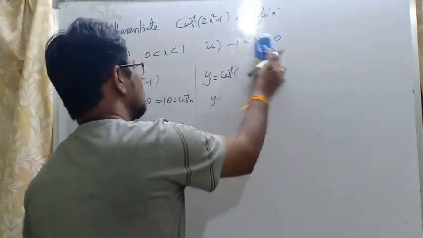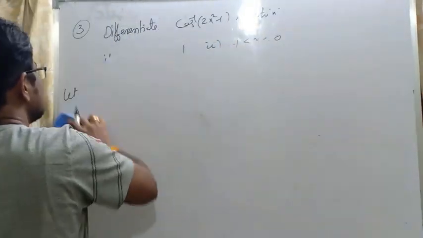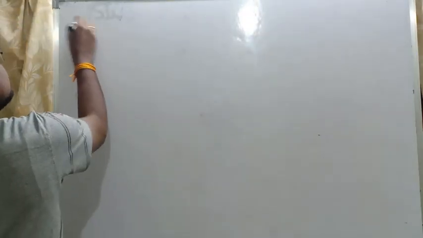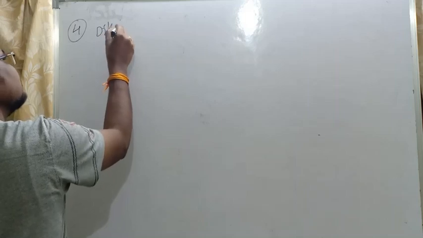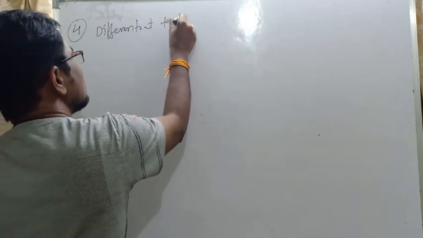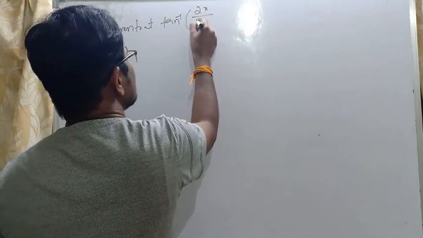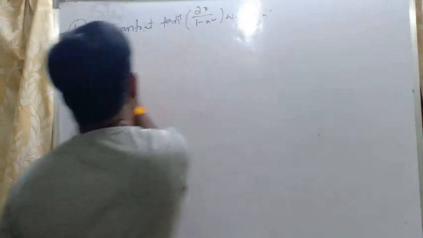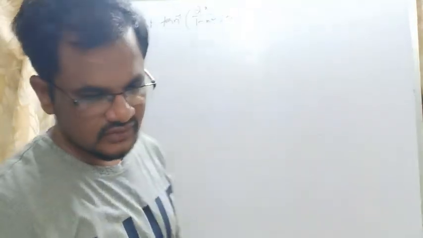Next, one more, the last problem we will discuss. Fourth one: differentiate tan inverse of 2x by 1 minus x square with respect to x. The conditions we have to take carefully.